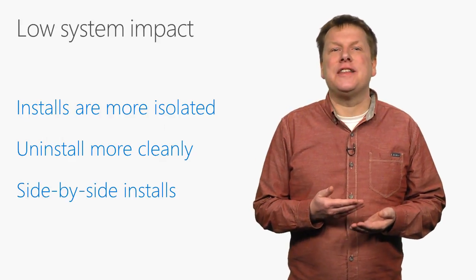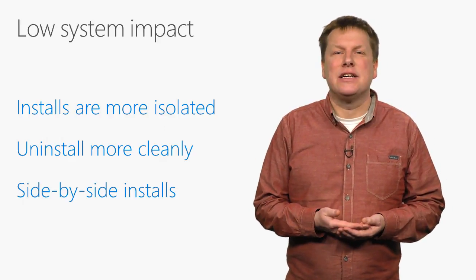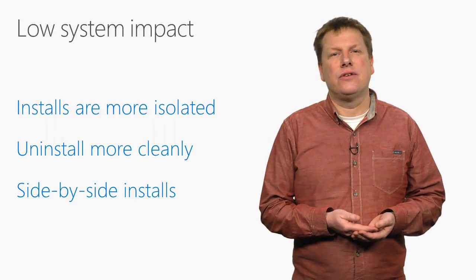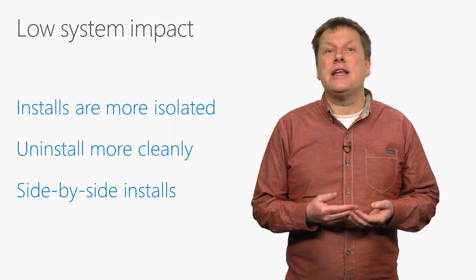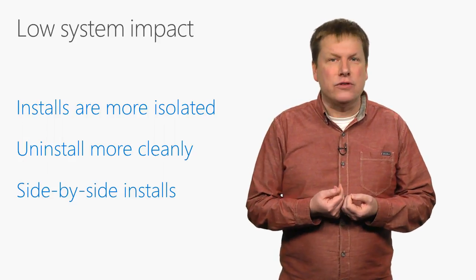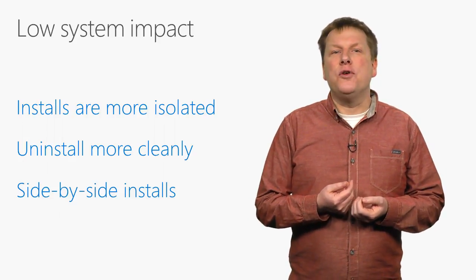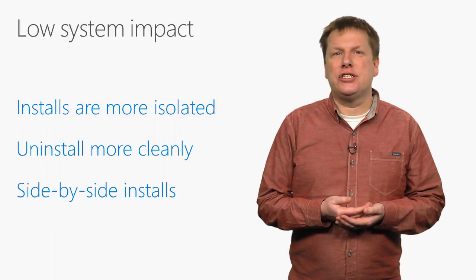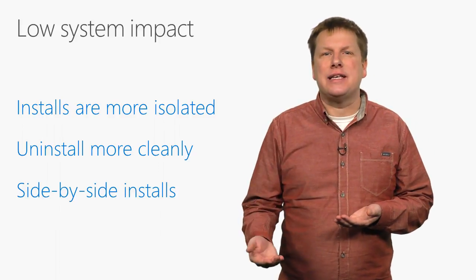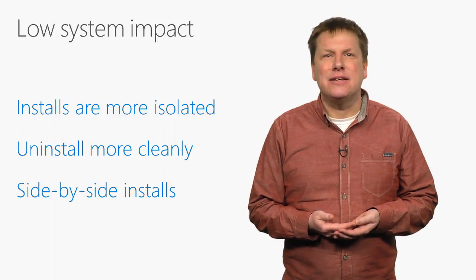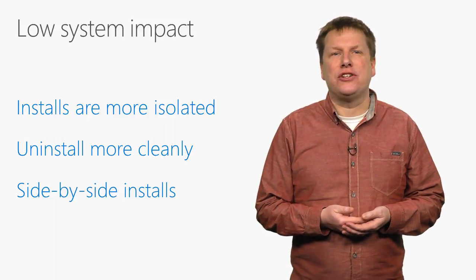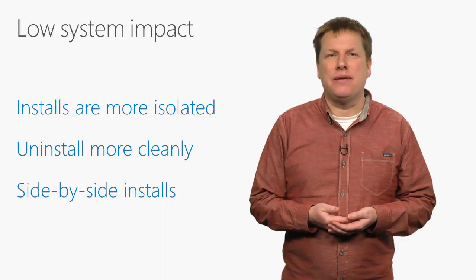Lastly, we've worked hard in this release to reduce the system impact of a Visual Studio installation. We install fewer system-wide dependencies by default, moving a number of required components to be local to Visual Studio. We've moved all the Visual Studio application-specific assemblies out of the global assembly cache and into our own application folder. And we've vastly reduced the number of entries we write to the system registry.